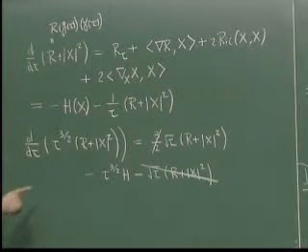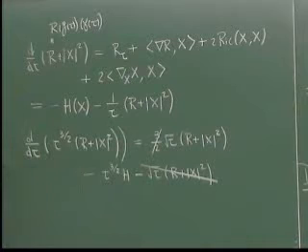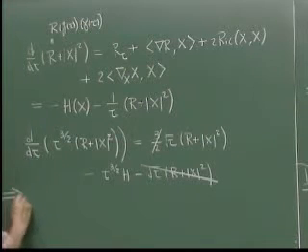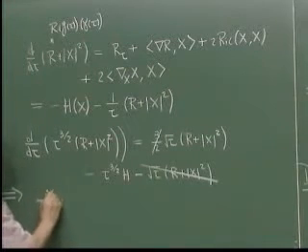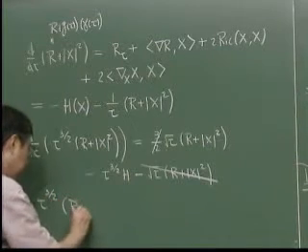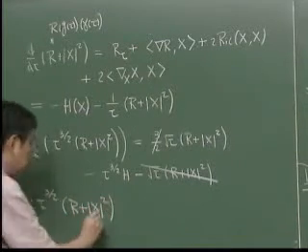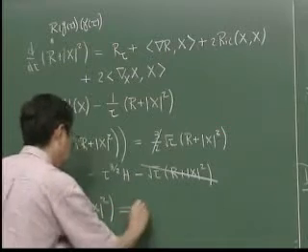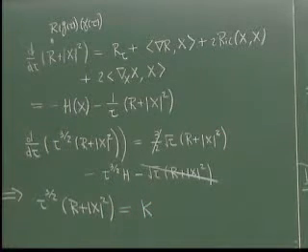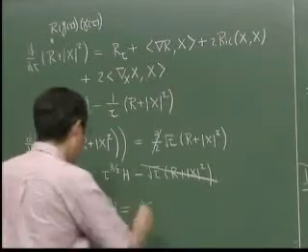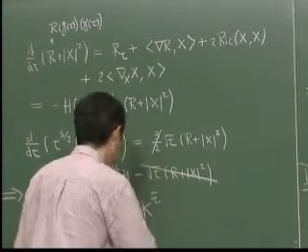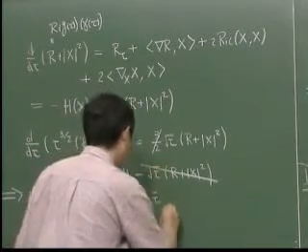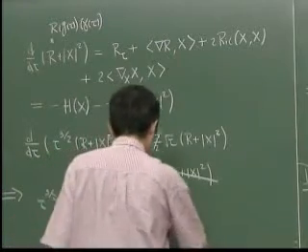So if I integrate on both sides, I will get this tau to the 3 over 2 of R of this is equal to K, some function K, depends on tau bar. Okay, which I did, and then minus 1 over tau.